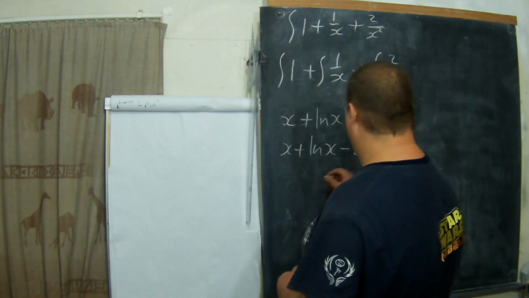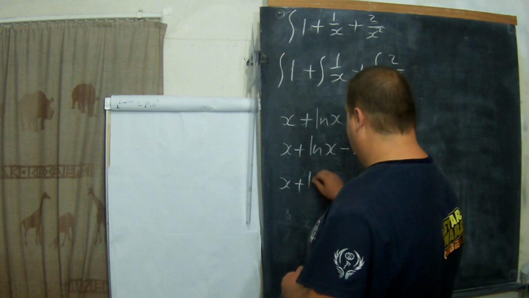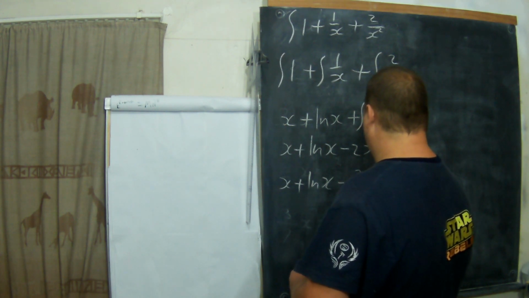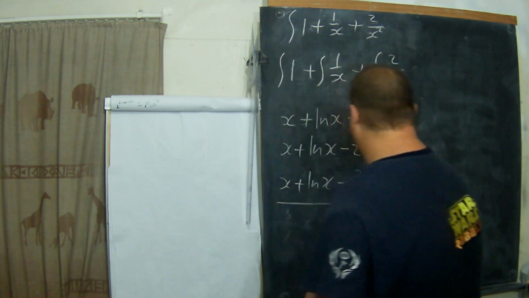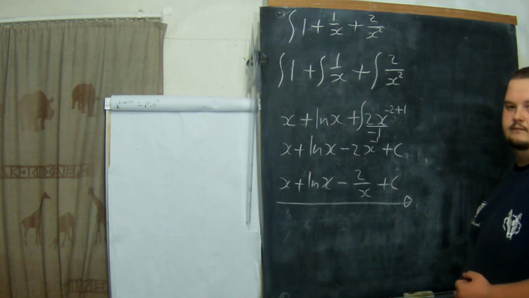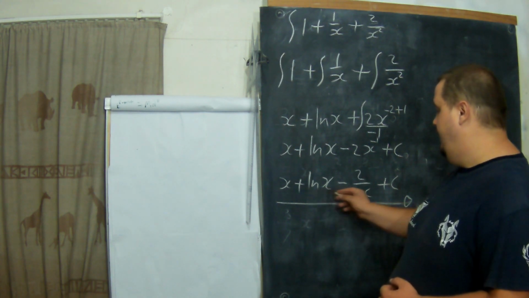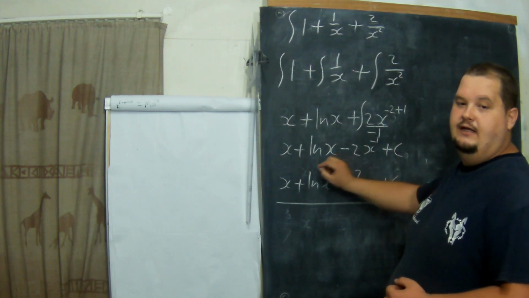Okay, so now that we've done that, x plus ln x minus 2 over x plus c. We are leaving everything as we had it in the beginning.